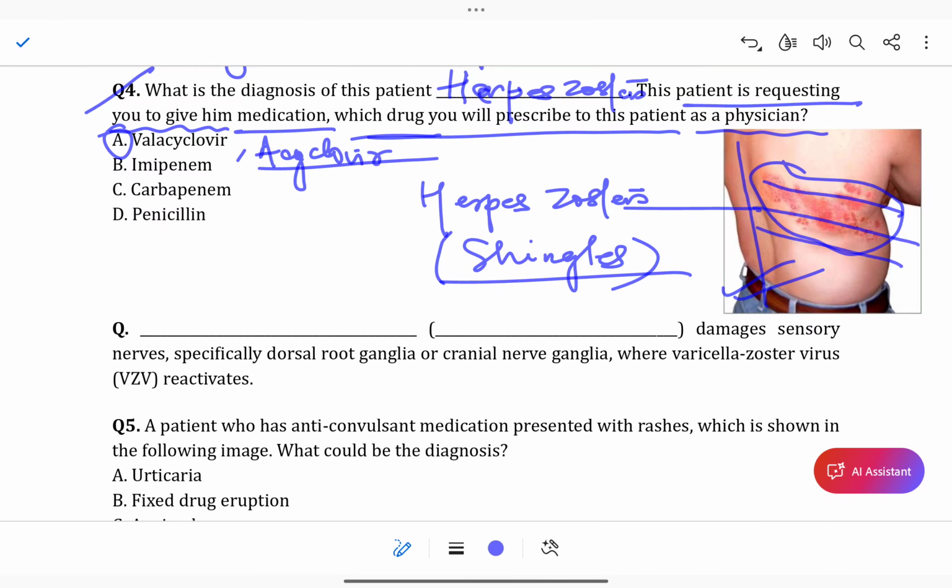Okay, we are sure that this is herpes zoster, and the treatment is acyclovir or valacyclovir.